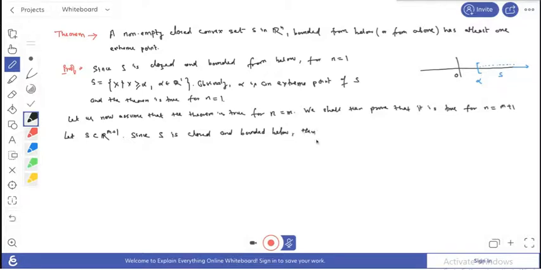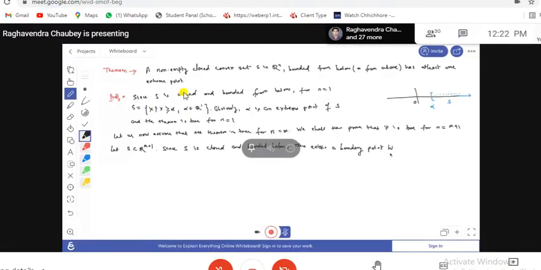a boundary point, suppose we take W, by using the supporting hyperplane theorem.